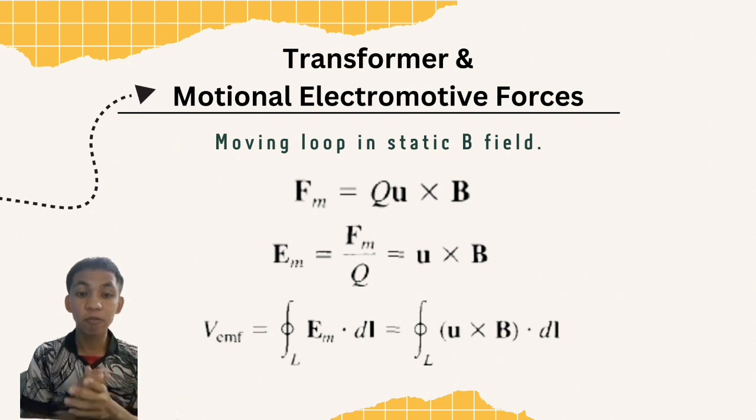Next, we move to moving loop in static B field. When a conducting loop is moving in a static B field, an EMF is induced in the loop.